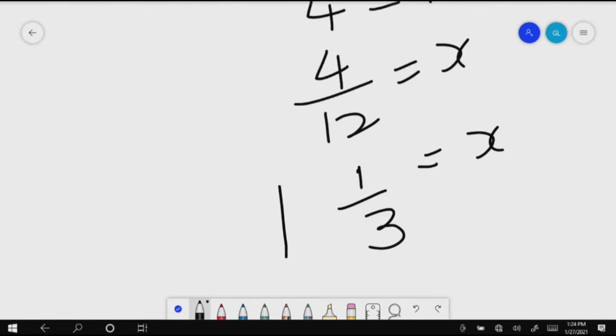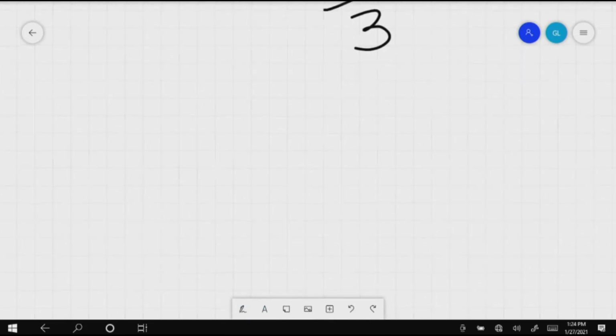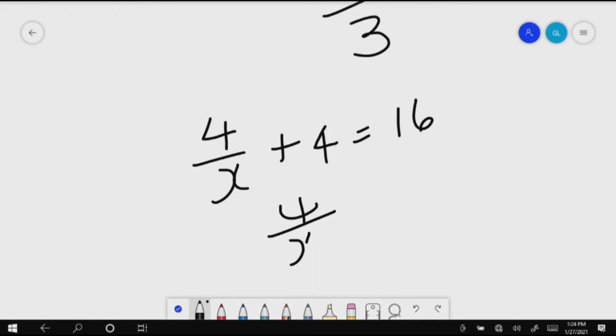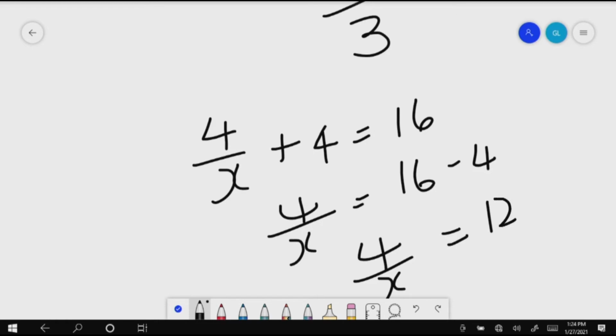Or we could use another method. Saying 4 upon x plus 4 equals 16, where 4 upon x is equal to 16 minus 4, taking the positive 4 over the equal sign. So we have 4 upon x is equal to 12.